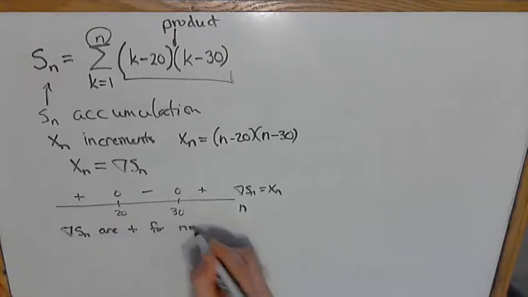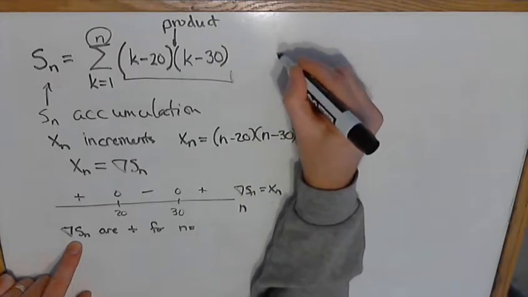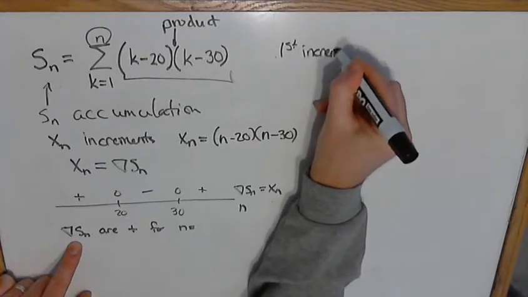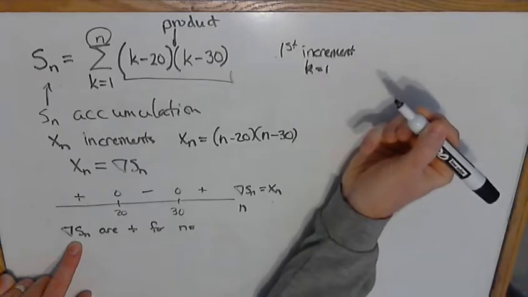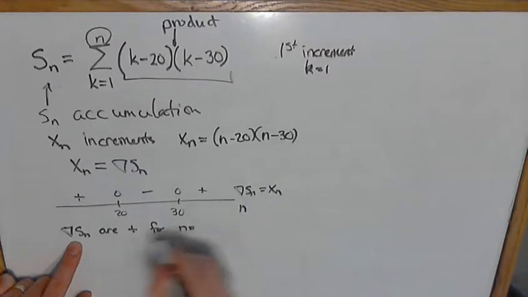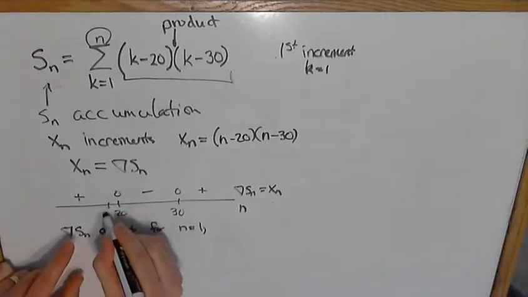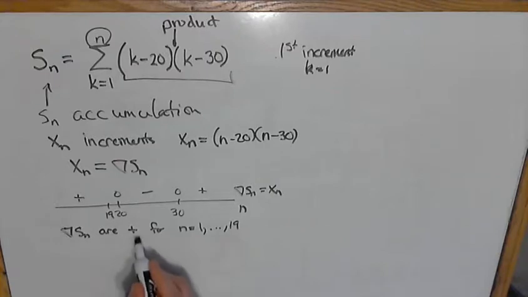For my index values, increments, so my sequence s, the first increment is at k equals 1. And so my increments start at 1. And until 19, I have positive increments.